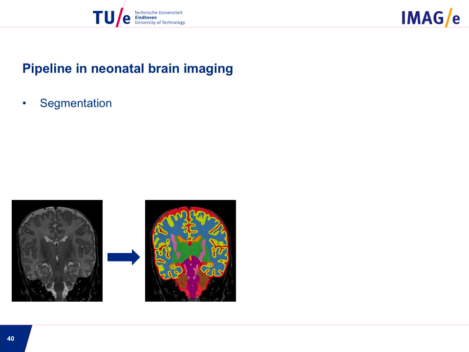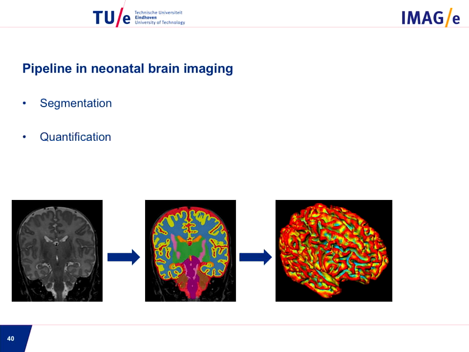And based on the segmentation, we'd like to compute some numbers that can tell us something about how well the infant is developing. So we could look at volumes, or we could look, for example, at the curvature of the brain, so we can see how well the cortical folding is developing.